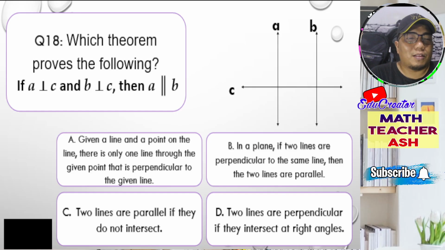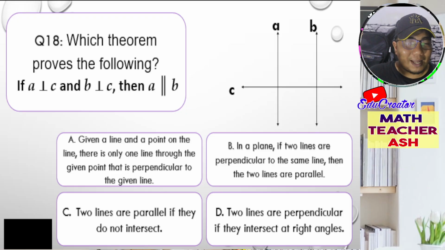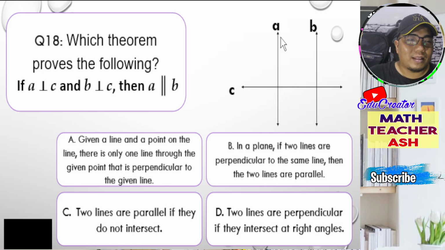Okay, my dear math learners, this question is quite tricky. You need to apply some analysis on this one. In order for line A and line B to become parallel, line C here is the transversal.